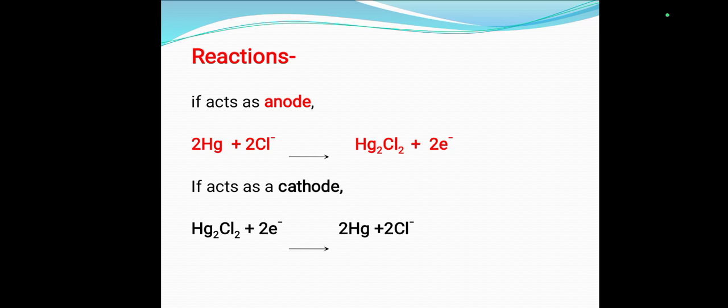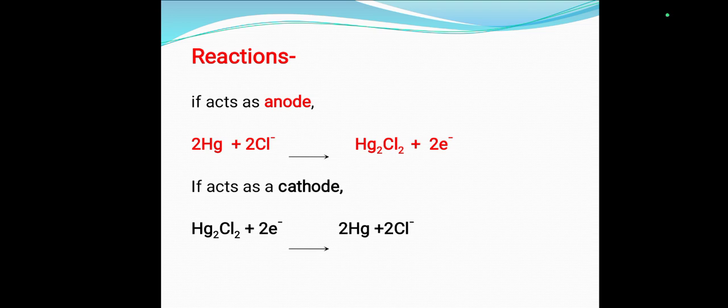Oxidation means loss of electrons or donation of electrons. So the anode reaction, when Calomel electrode acts as an anode, is simple: 2Hg plus 2Cl minus will give you Hg2Cl2, with loss of 2 electrons.